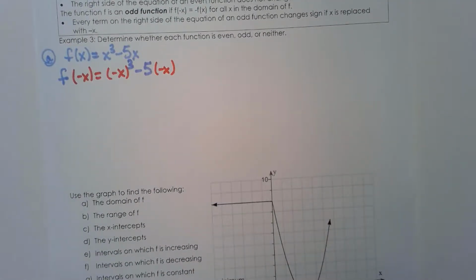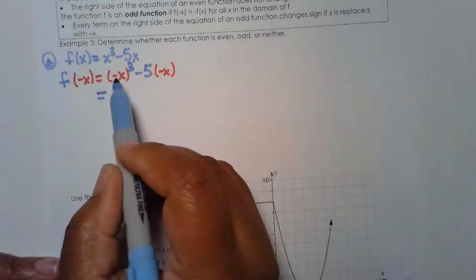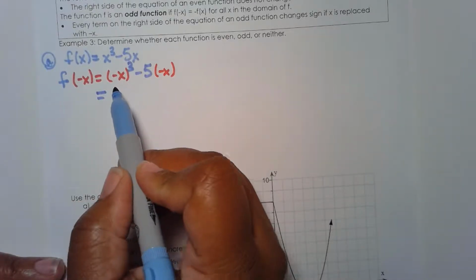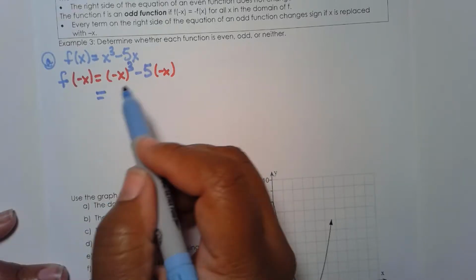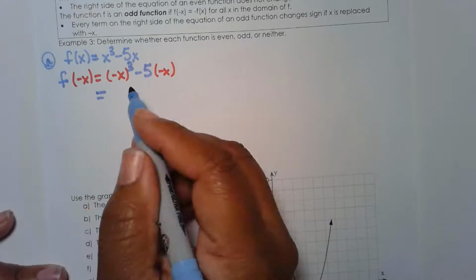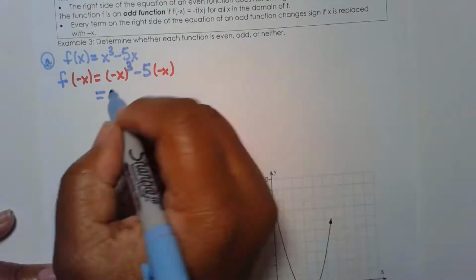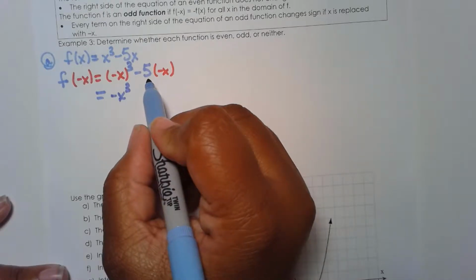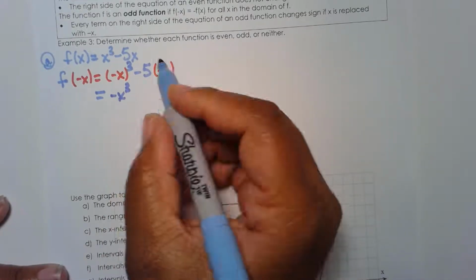And then let's simplify. The quantity of negative x cubed, that means multiply negative x 3 times. Negative x times negative x is positive x squared, and then positive x squared times negative x gives us negative x cubed. And then we have negative 5 times negative x.